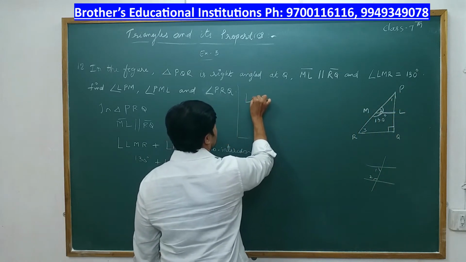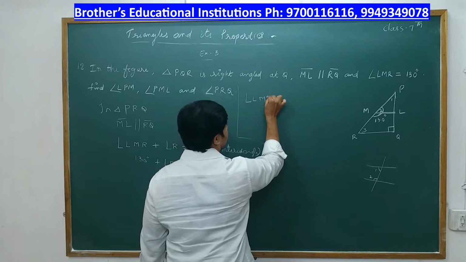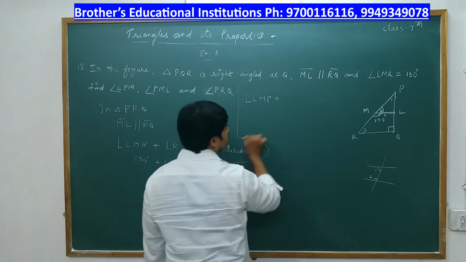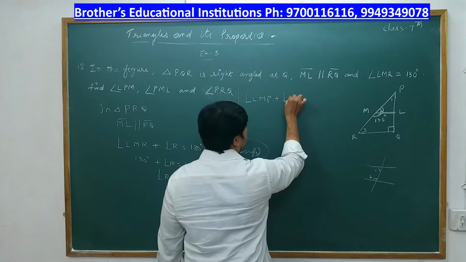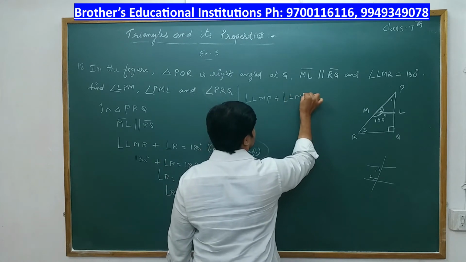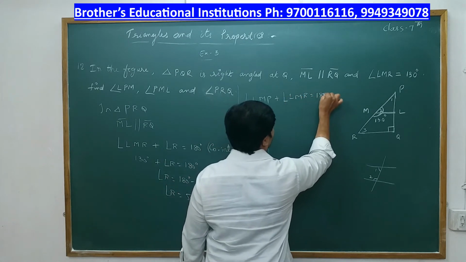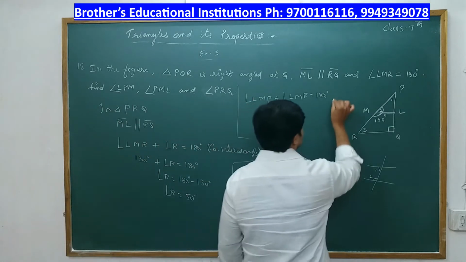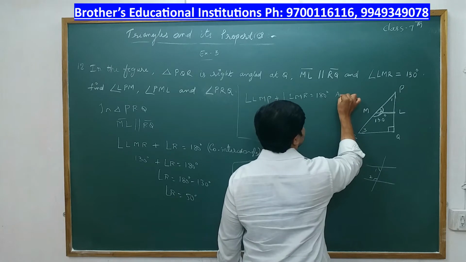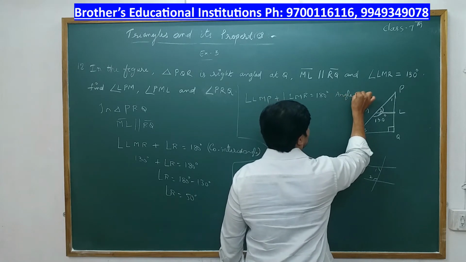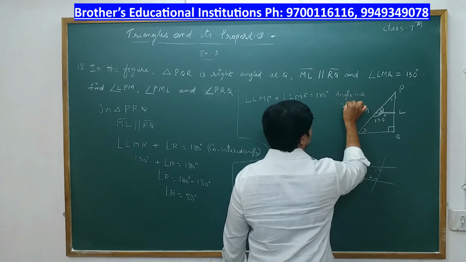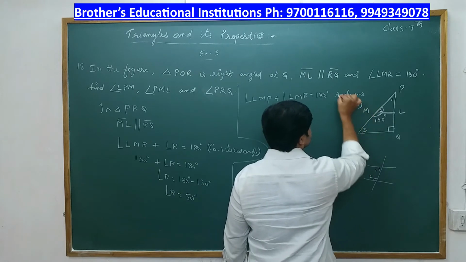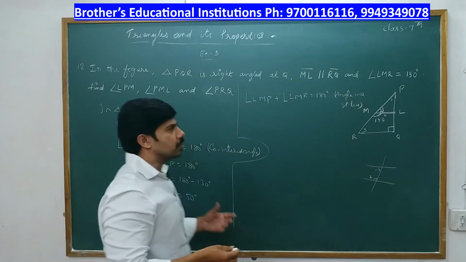Angle LMP plus angle LMR is equal to 180 degrees. The reason we write is angle in a straight line, or simply a linear pair.